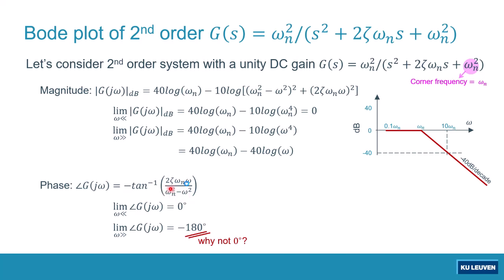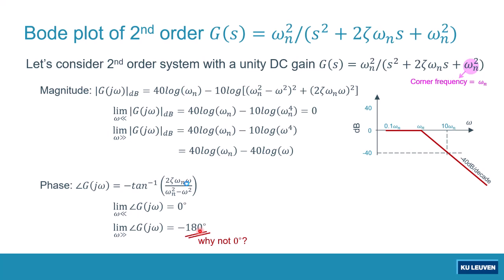So at the end, in the denominator, I have a negative sign. So a small number divided by a negative large number. Because of this negative sign, even though this value will be equal to 0, the inverse tangent will fall in the other quadrants, in quadrant 3 and 4. It's not in quadrant 1 and 2 because of the negative sign in the denominator. That's why I chose the angle here as negative 180 degrees instead of 0 degrees.